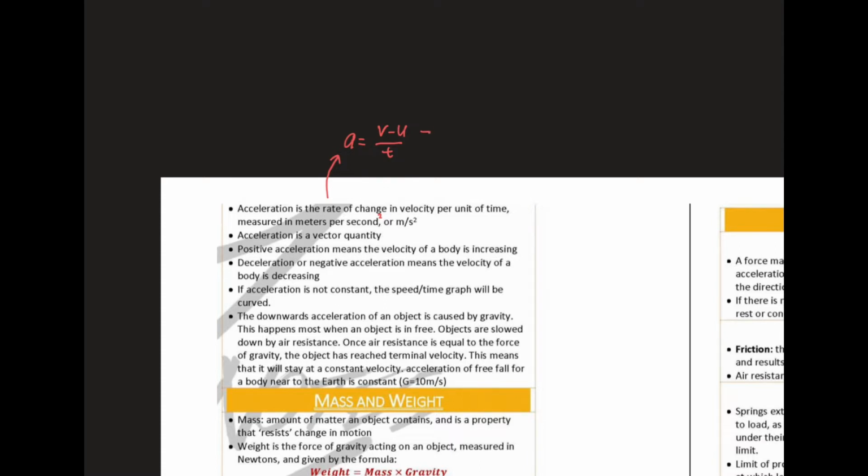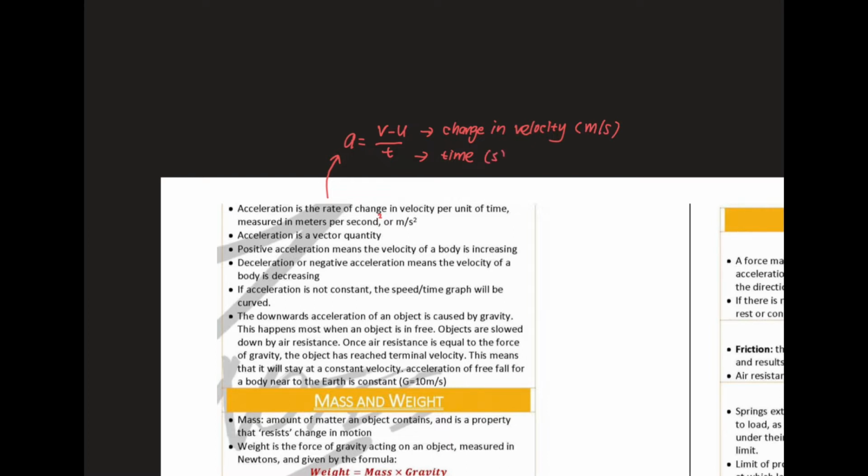So that's why we divide by time to find out the rate. Change in velocity over time. The unit should be reasonable also: change in velocity is meter per second, then you divide by time again, so that's why we have a second square there.